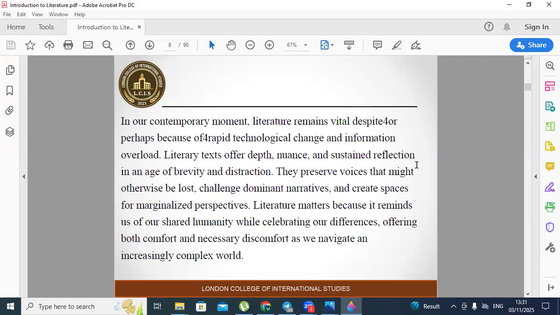Ultimately, literature matters because it reminds us of our shared humanity while celebrating our differences. It offers both comfort, recognizing ourselves in others' experiences, and the necessary discomfort, challenging us to question our assumptions and confront difficult truths as we navigate an increasingly complex world.